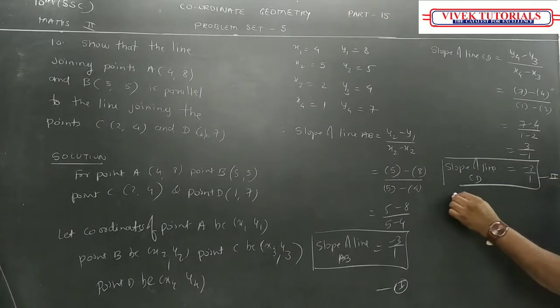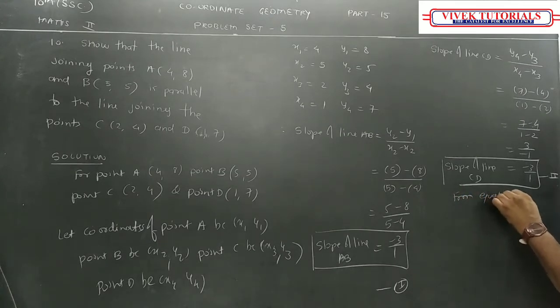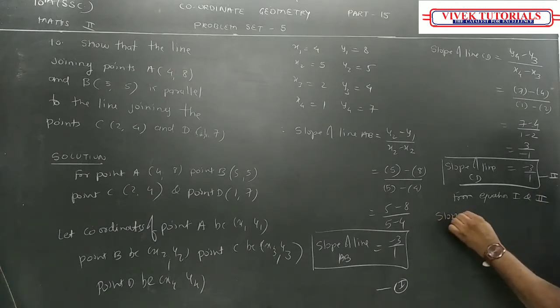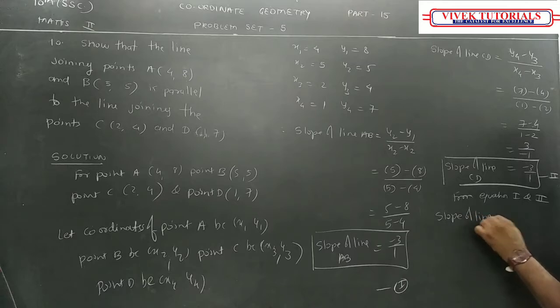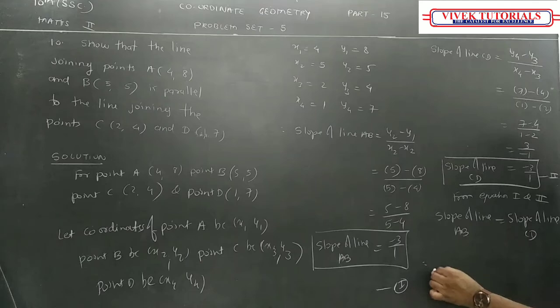So what can I write then? From equations 1 and 2, slope of line AB is equal to slope of line CD. Therefore, line AB is parallel to line CD.